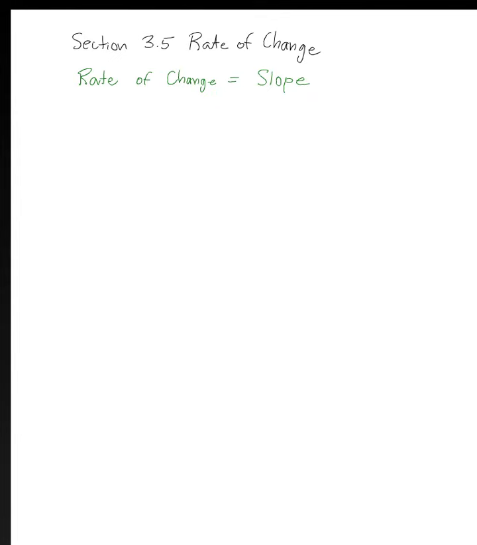So they're looking for the average rate of change of price with respect to number of rooms. So this is going to be our slope, or our rate of change.